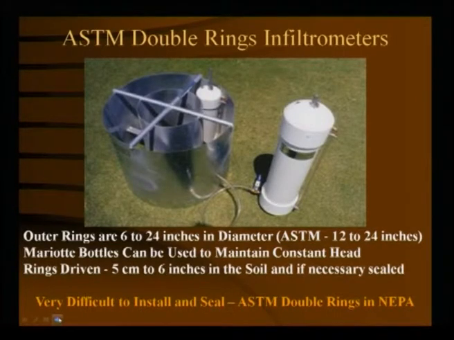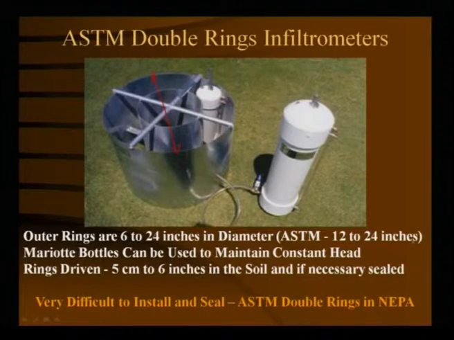Now, if you look at the ASTM double ring infiltrometer, this is your infiltrometer and this is your outer ring. The outer ring is about 6 to 24 inch in diameter, and ASTM recommends 12 to 24 inches.